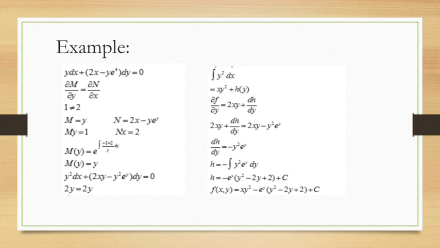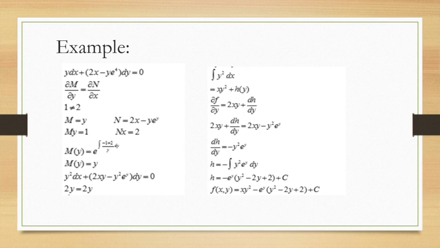So then next step, we take the integration of y squared dx. We get xy squared plus h of y. After that, we take the differentiation with respect to y. We get 2xy plus dh/dy.